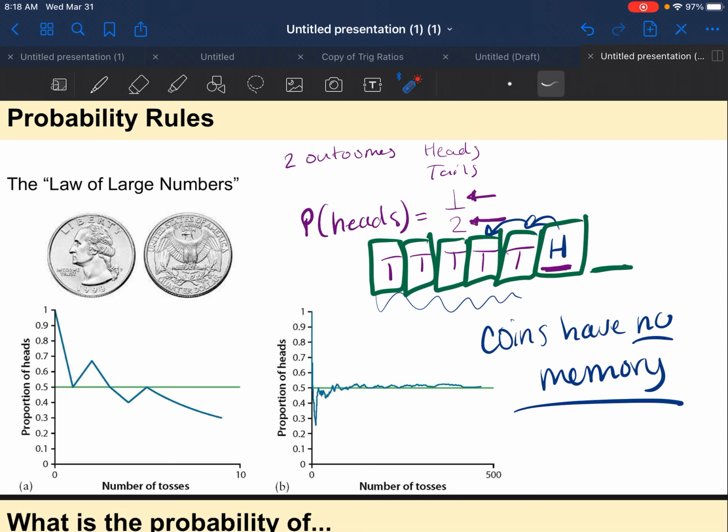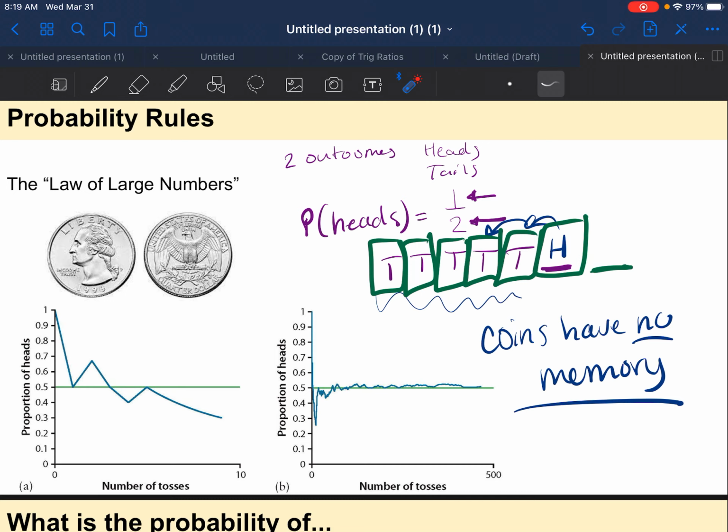It is true that even if you get, like in this example, heads, tails, tails, heads, tails, tails, tails, eventually, over time, it will even out, because you have so many pieces of data to choose from.